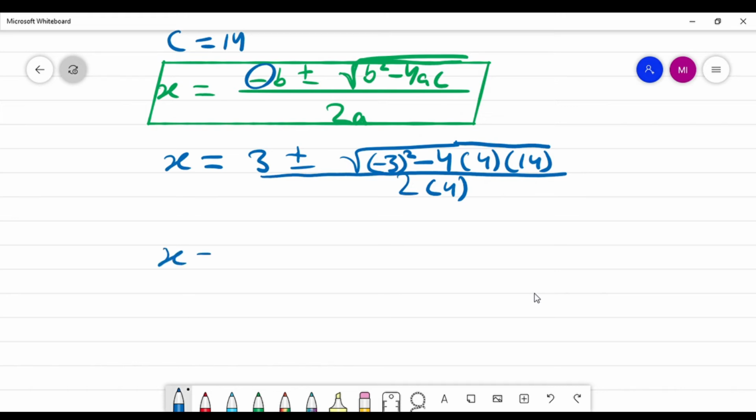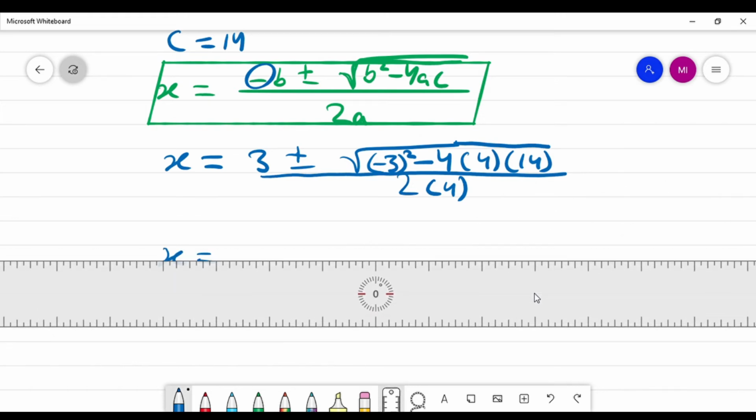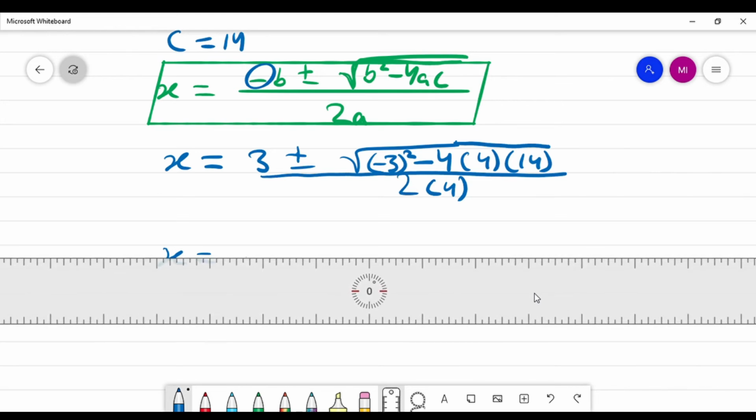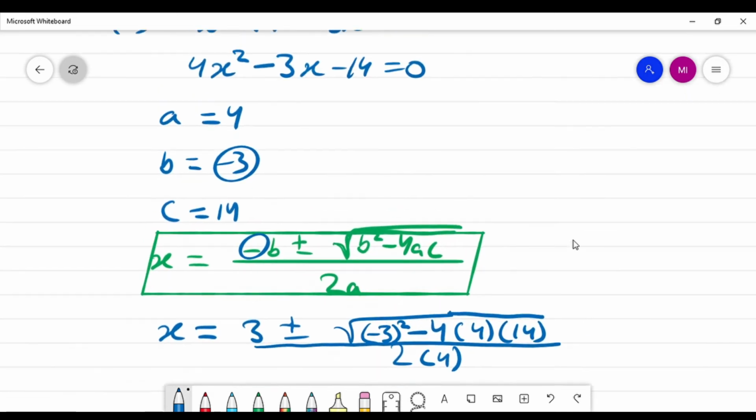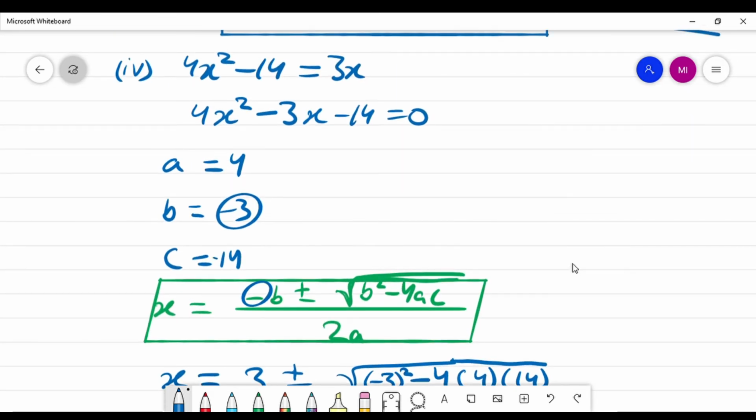So, x is equal to 3 plus minus under root of 9 minus, now 16 times 14 is, let's do the math, it's 224. And sorry guys, this is negative here.